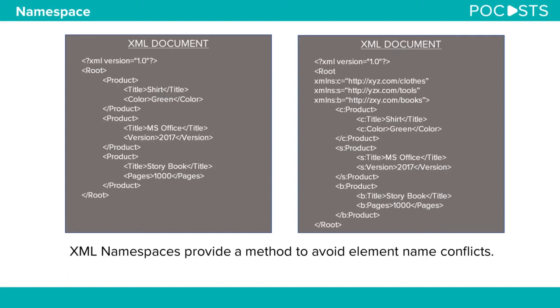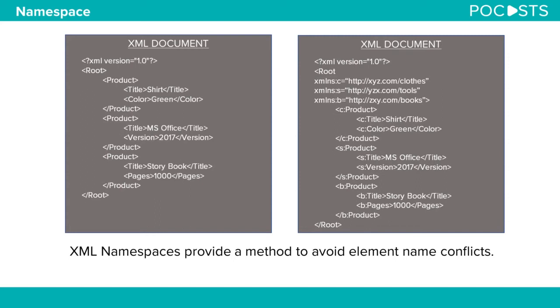The left side is an example without the namespace and the right-hand side is an example with a namespace. Let's say you have three different products. The first is about clothes, the second is about software, and the third is about books. Now you want to access software, like Microsoft Office, with the same product and title. How do you actually achieve that?